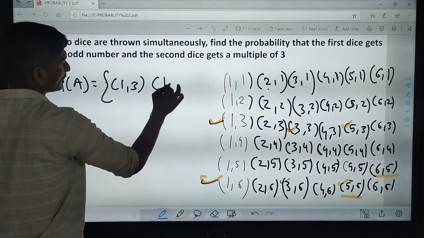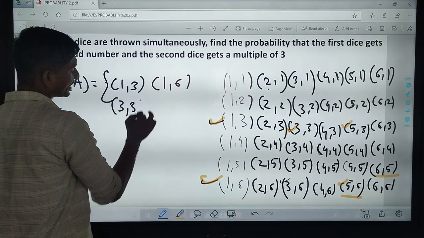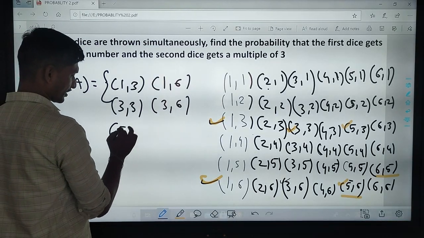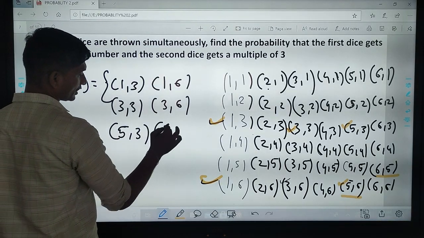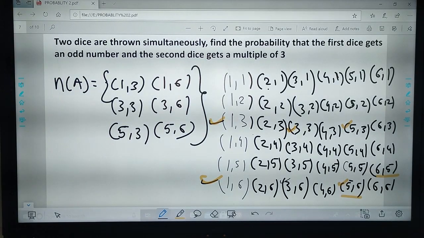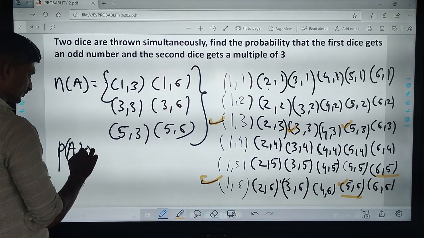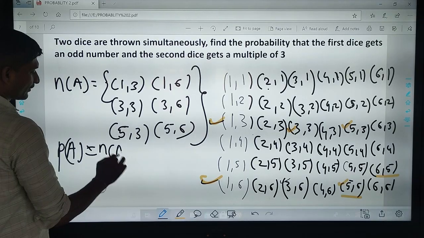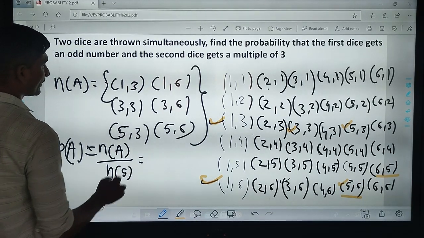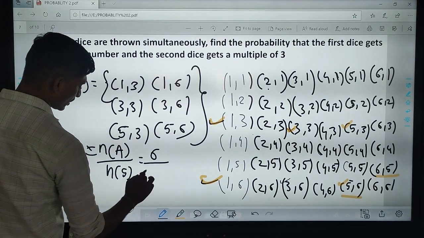1,3, 1,6, 3,3, 3,6, 5,3, 5,6. These are the samples. Then P of A is equal to n of A divided by n of S. Then n of A is equal to 6 and n of S is equal to 36.